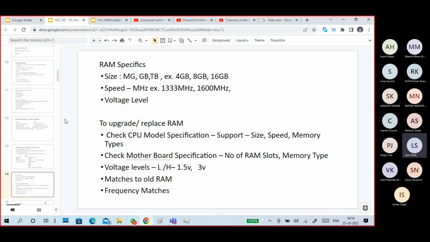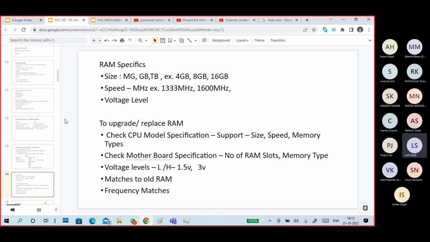Before you purchase a RAM, or you want to replace a RAM, or add one more RAM, you have to check compatibility because the CPU must be compatible with your RAM model. The maximum size of the RAM and the speed of the RAM compatibility are also required.